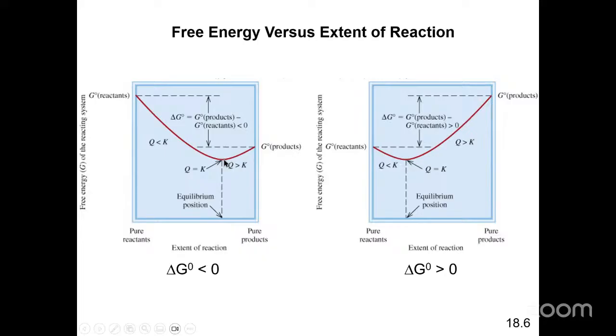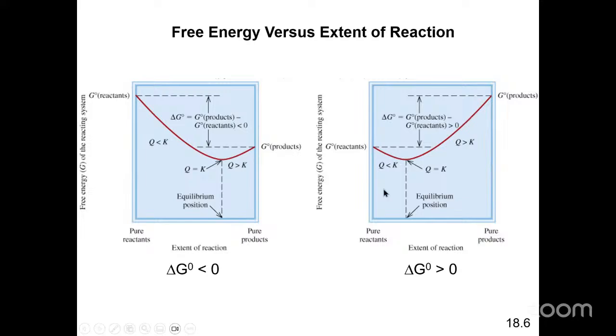And then if you're going in this direction, basically the free energy would have to increase a bit more, but the final free energy of the products would be less than that of the reactants, right? So basically, that's what will be happening in terms of the energy changes of this reaction here if delta G is negative. Now, if delta G is positive, you can see that the appearance of the graph is basically a mirror image of the first one, right?